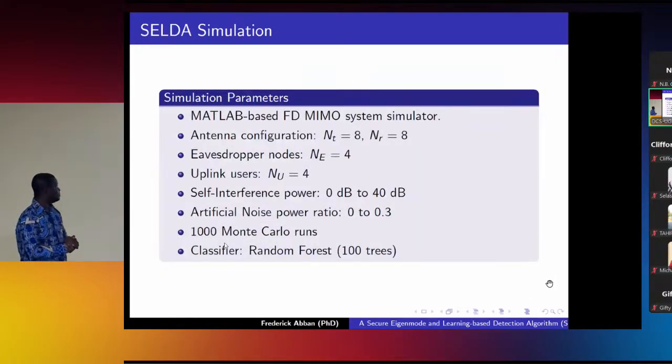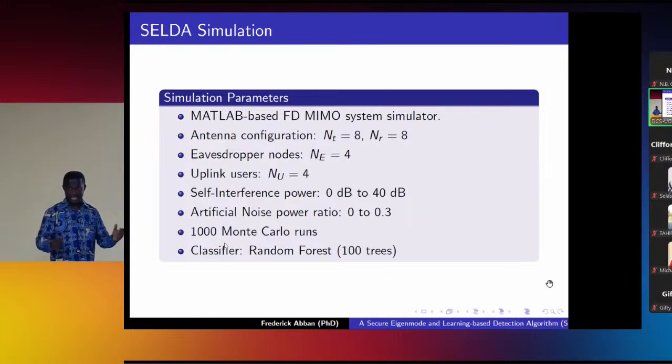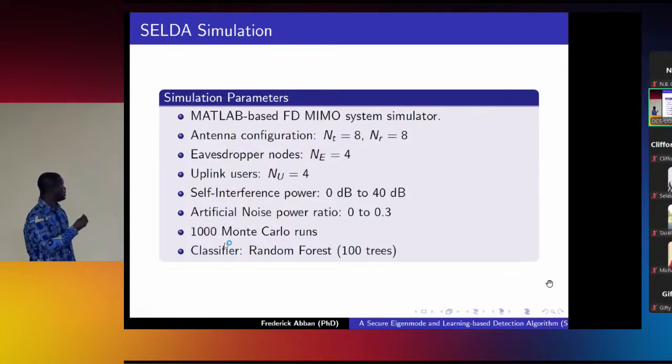So these are the parameters we used, the base parameters, and we will amend them in the course of our implementation. We did a simulation in MATLAB using full duplex MIMO system simulators. We assumed our initial number of antennas for transmission to be 8, and the initial number of antennas for receiving to be 8 also.